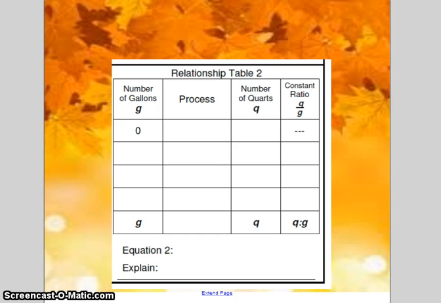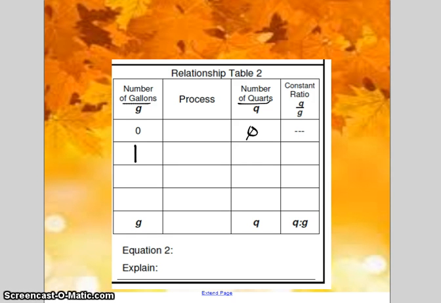Now what you're going to do is you're going to take the relationship table and graph 2 and fill all of that out as well. So here we have the relationship 2 table, and this one is telling me to go to gallons to quarts. So if I have 0 gallons, I'm going to have 0 quarts.